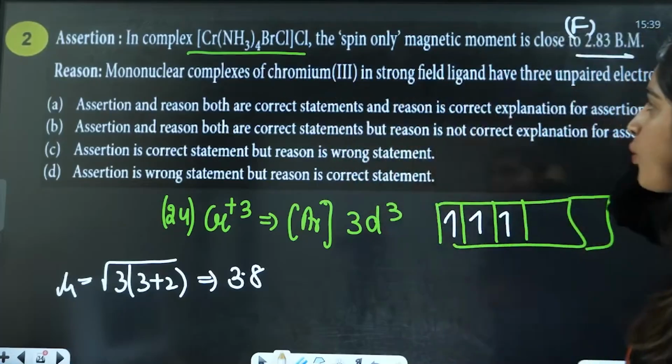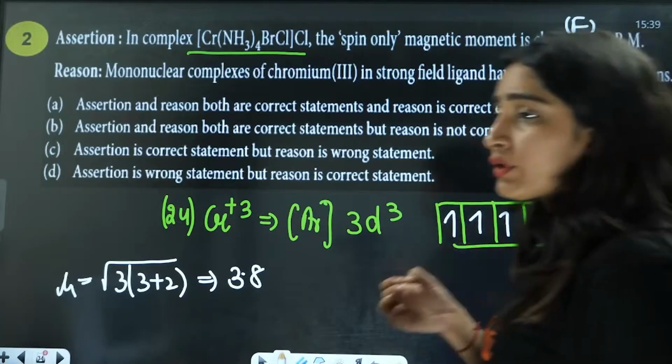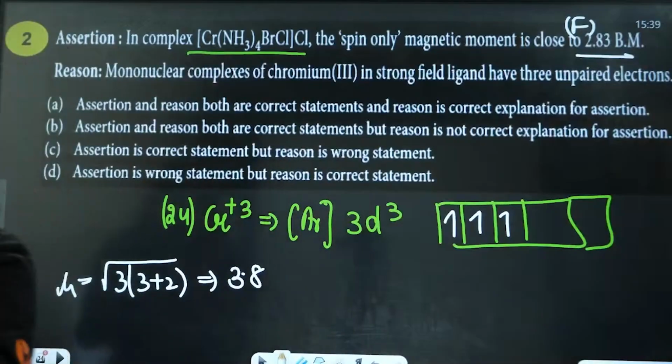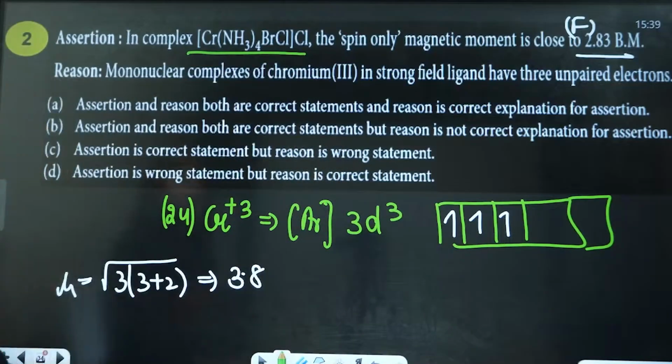Mononuclear complexes of chromium in strong field ligand have unpaired electrons. He is saying that mononuclear complexes, having just one metal center, of chromium 3 positive in a strong field ligand have 3 unpaired electrons.